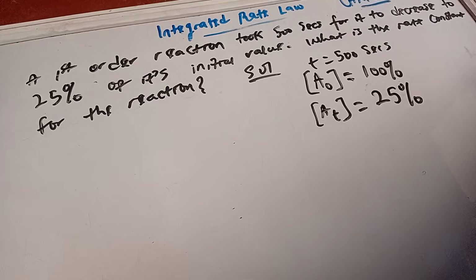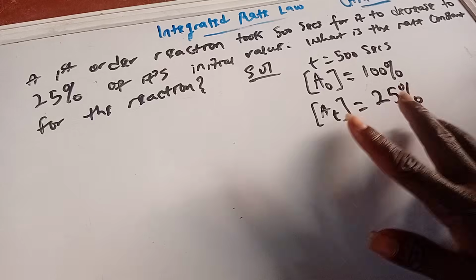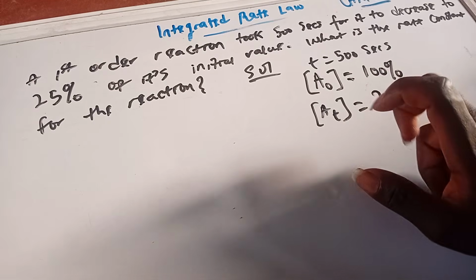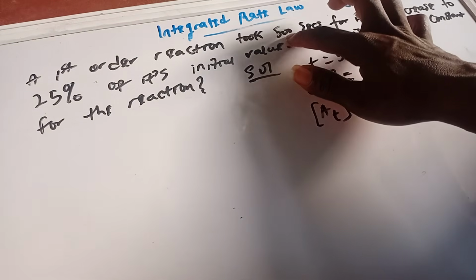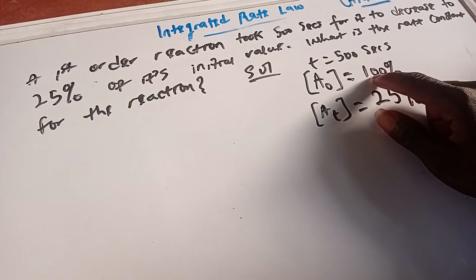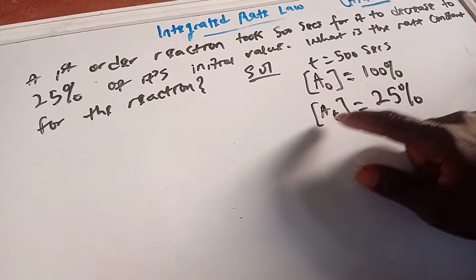A first order reaction took, now let's understand the question very well. A first order reaction took 500 seconds for it to decrease to 25% of its initial value. Now this is it. Initial value is 100%. At a time 500 seconds, this concentration already decreased.